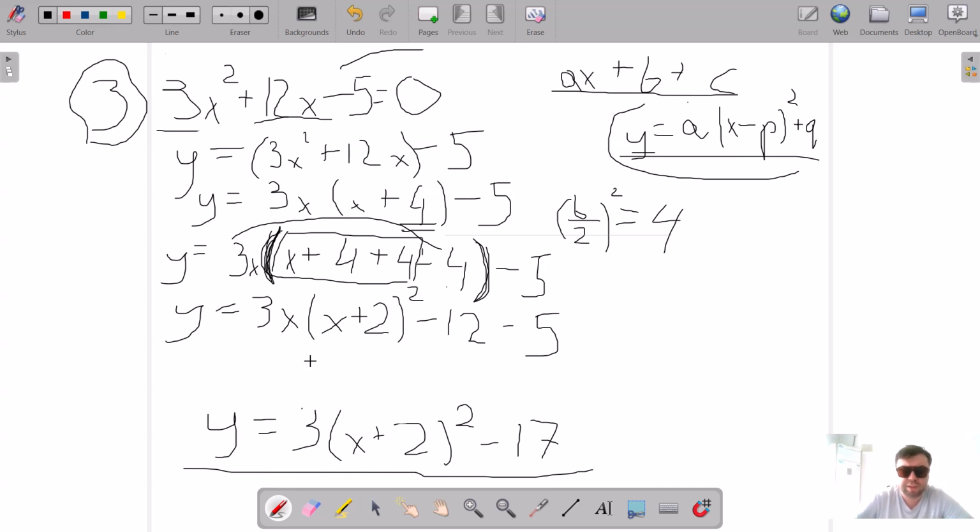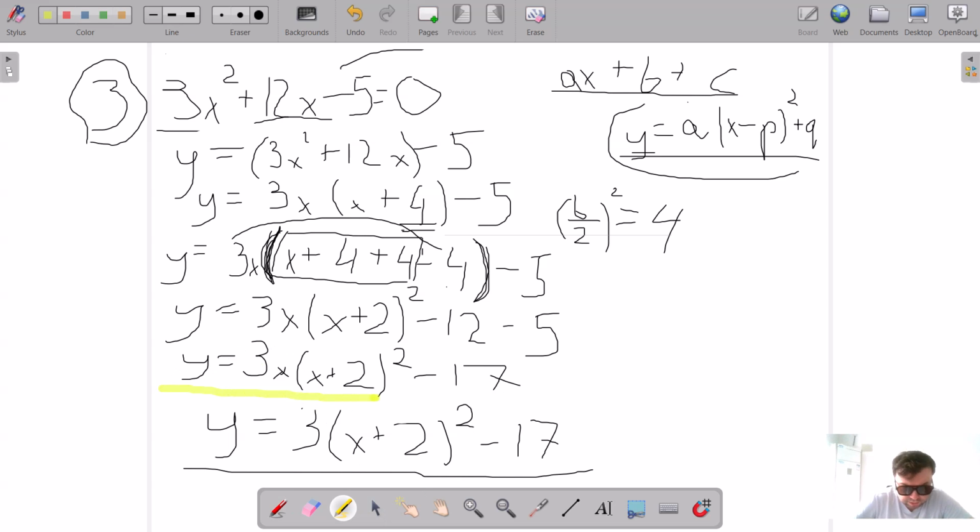So we get y equals 3 times x plus 2 squared minus 17.